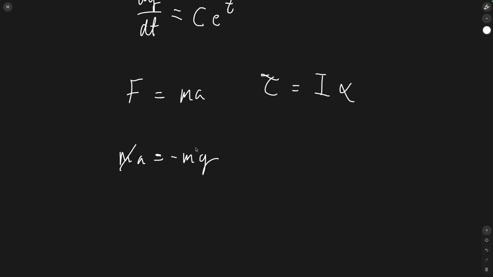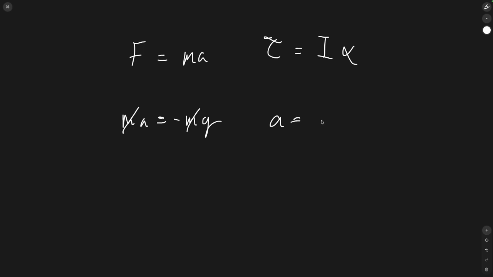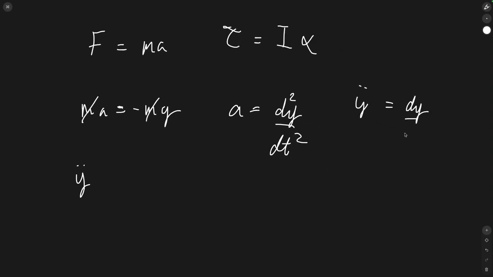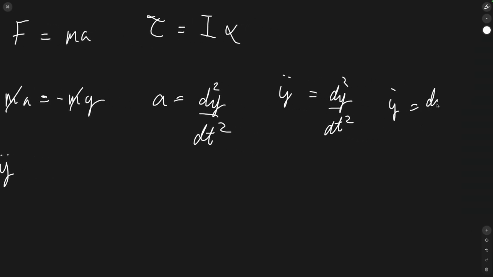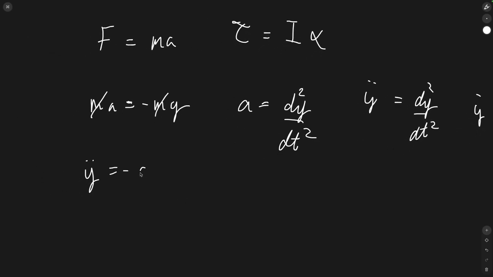And of course the m's divide out, and we know that a is, say, d²y/dt². So what we have here is y double dot, where double dot means second derivative. One dot would be dy/dt. So y double dot equals negative g. Okay, so this is a differential equation.